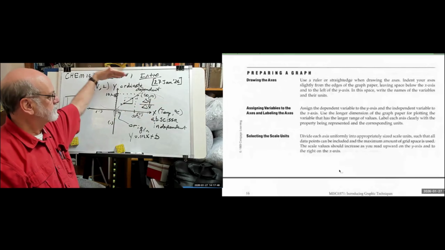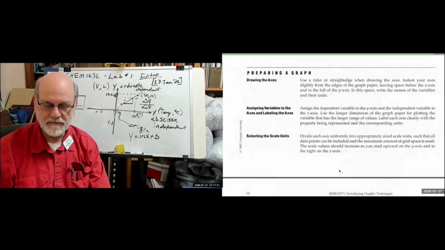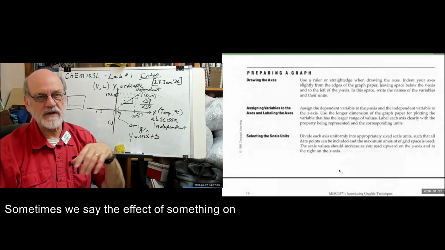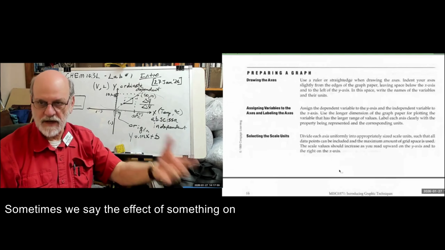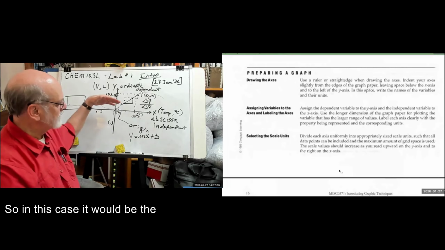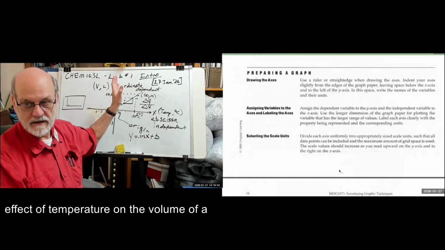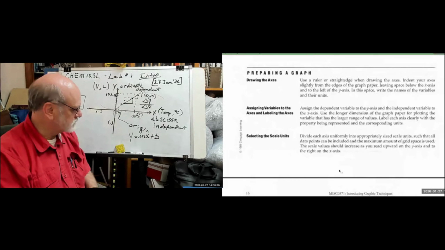And then also it needs a title. So you're saying this is what this graph represents, right? Sometimes we say the effect of something on something else. So in this case, it'd be the effect of temperature on the volume of a gas.